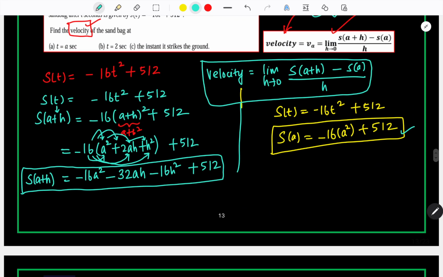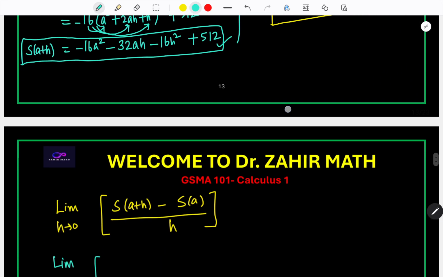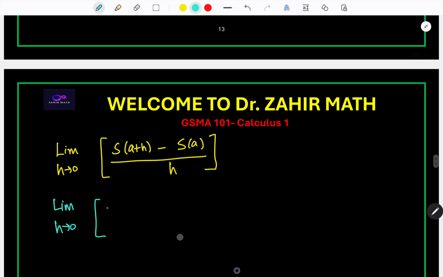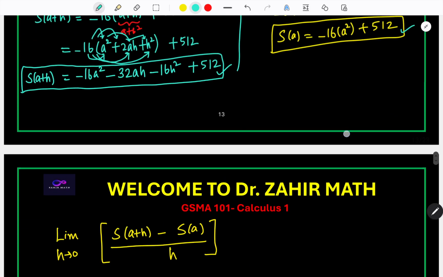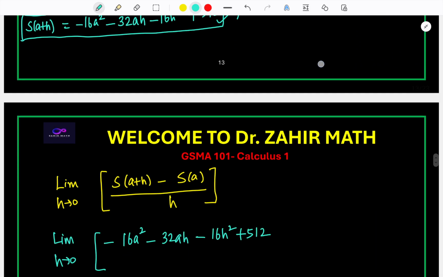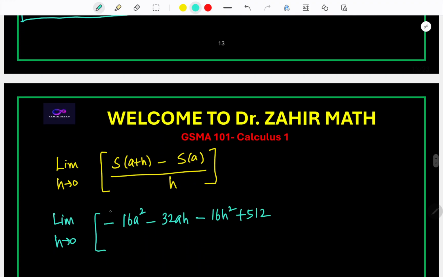What's your s of a plus h? This one. Minus 16a square minus 32ah minus 16h square plus 512. Let me check. Minus 16a square minus 32ah minus 16h square plus 512. Yes. Close this bracket, minus s of a.